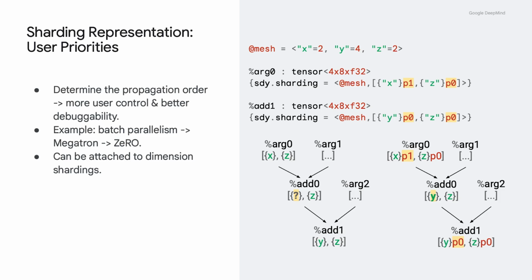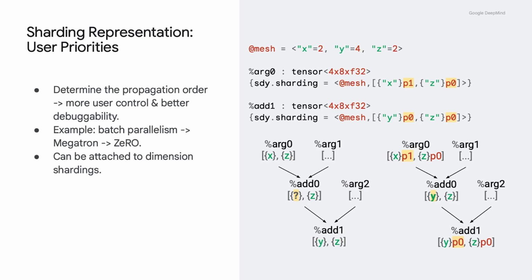For example, in this example there are two additions, and we have a conflict in the propagation. We can either propagate the x from add 1 to add 0, or we can propagate the y from add 1 to add 0. Since addition is a very simple element-wise operation, we can propagate either x or y to add 0.